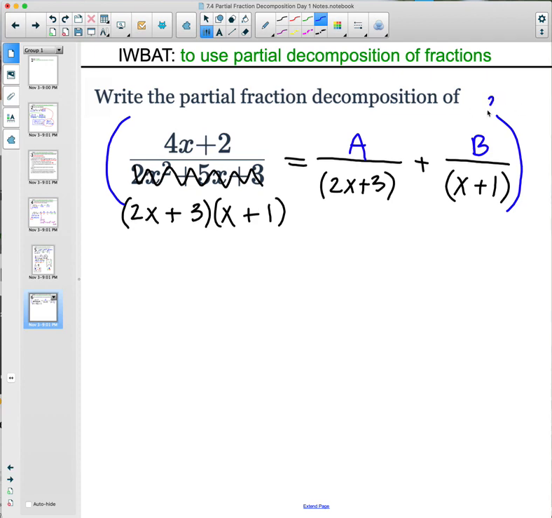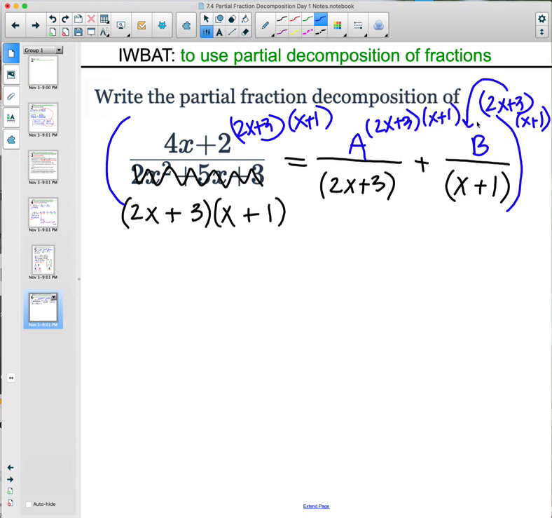So we're going to multiply by 2x plus 3 and x plus 1 to everything. So multiply that in and you get 2x plus 3, x plus 1, 2x plus 3, x plus 1, and then 2x plus 3 and x plus 1 times that B.